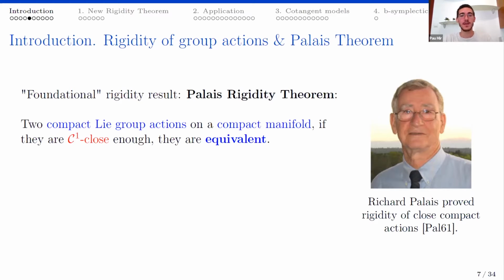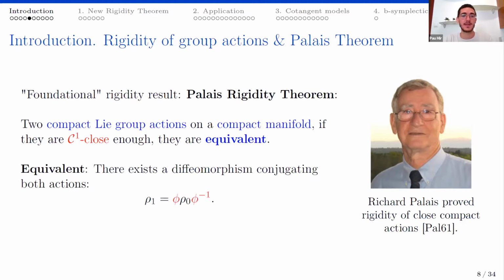And by equivalent, Richard Palais meant that there exists a diffeomorphism that conjugates both actions. So if you have two actions, in this case rho 0 and rho 1, if they are C1 close enough, then you can find this diffeomorphism phi that conjugates both actions. So they are equivalent. They possess essentially the same properties.